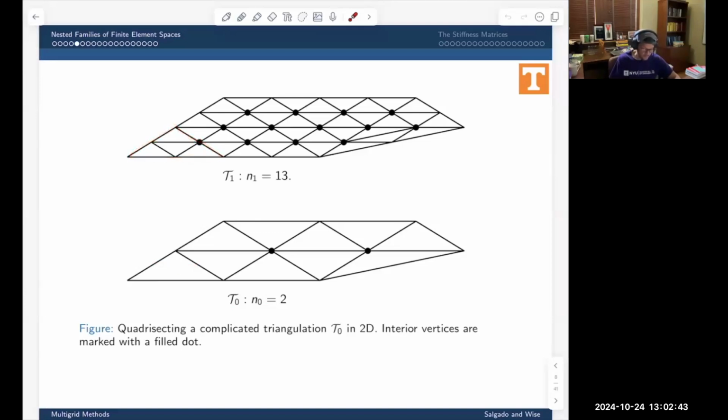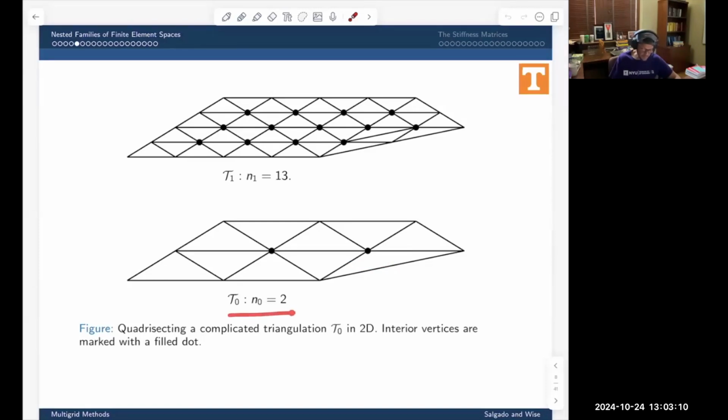Okay, so that parent gives those 4, this parent gives these 4, and so on. You always quadrisect by connecting the midpoints of edges. Each triangle has 3 edges and 3 midpoints, and so you just take those and you connect them up, and that's how you get your child triangles from the parent.